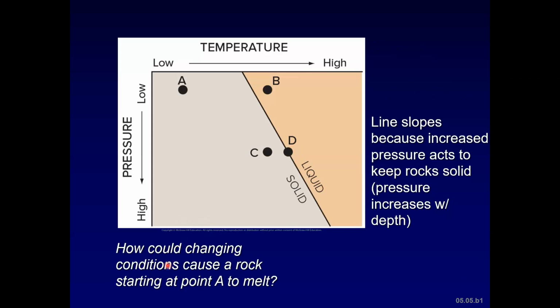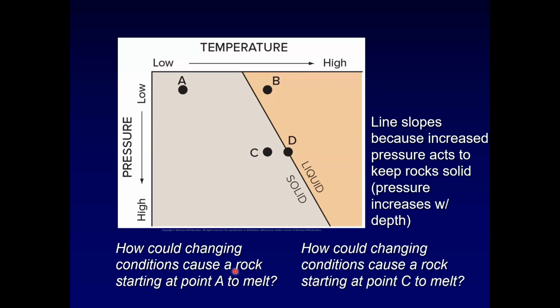So how could changing conditions cause a rock starting at point A to melt? Really just add heat. How could changing conditions cause a rock starting at point C to melt? You could add heat. You could also drop the pressure and have temperature remain the same, and suddenly it is also a liquid.